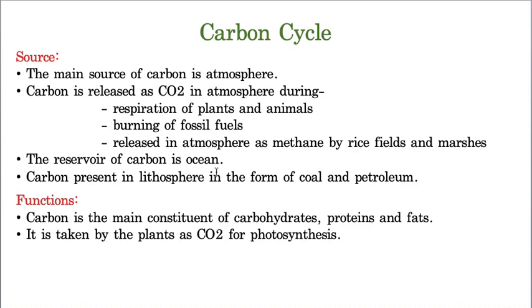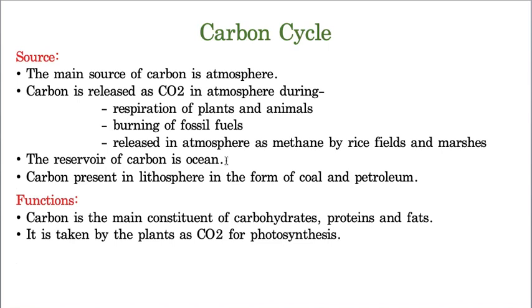I think I explained clearly, but if you still have doubts, please ask me. So what is the essence of my teaching till now? Carbon won't be present in excess in the atmosphere due to its tendency to absorb heat.